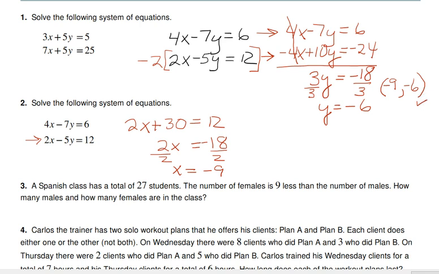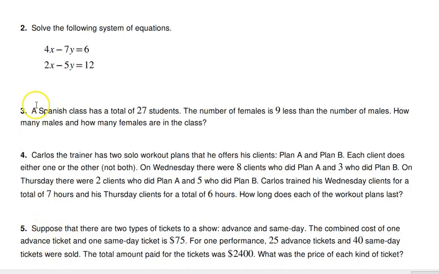All right, we'll move it up a little. Now, for number 3, we're jumping into applications. Again, pause it, read it, and see if you can come up with 2 equations using 2 variables. I would suggest you use M for males, F for females, and pause.